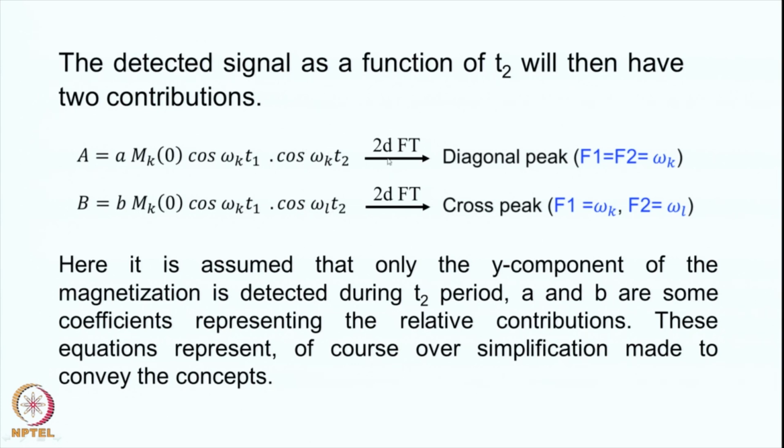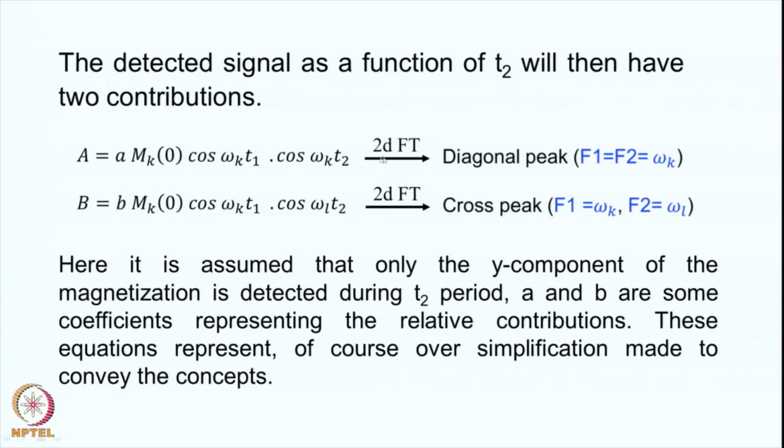Now if I do a 2-dimensional Fourier transformation of this signal, of course it will be combined, we are going to detect it together. Both the components will be present in the signal that you detect. In the FID that you will get as a function of T2, it will be a superposition of these two. Therefore when you do a Fourier transformation, you have to consider the Fourier transformation of both of these terms.